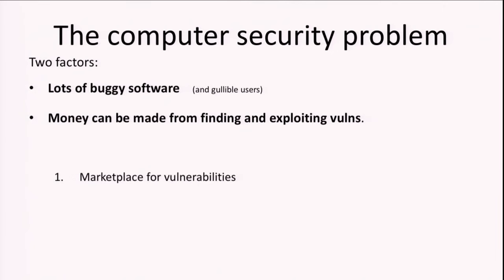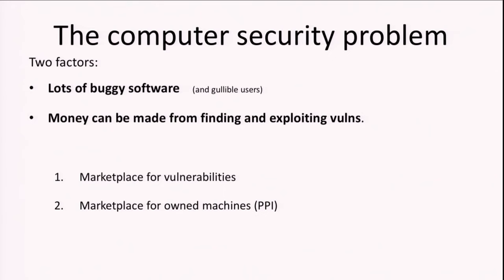And so there are 3 issues. First, there are marketplaces for vulnerabilities. If you find exploits in software, and if you know the vulnerabilities, you can sell that vulnerability information and the corresponding exploits, and we'll discuss a little bit of that. Second, a marketplace of owned machines.